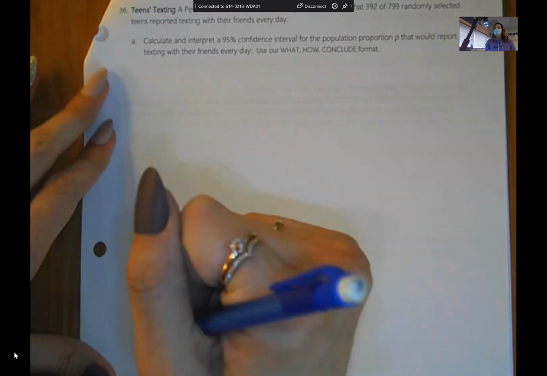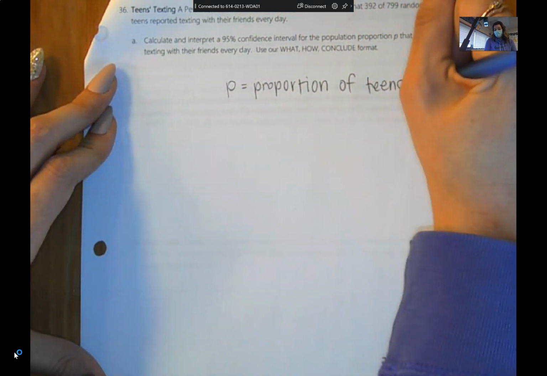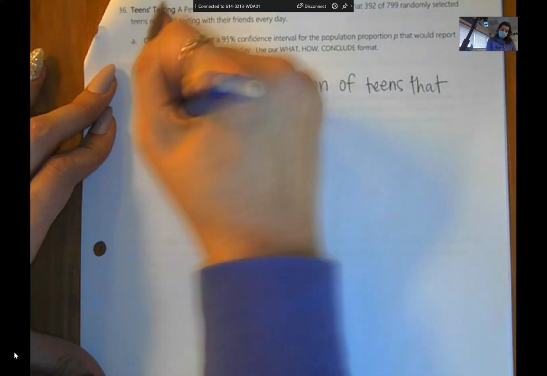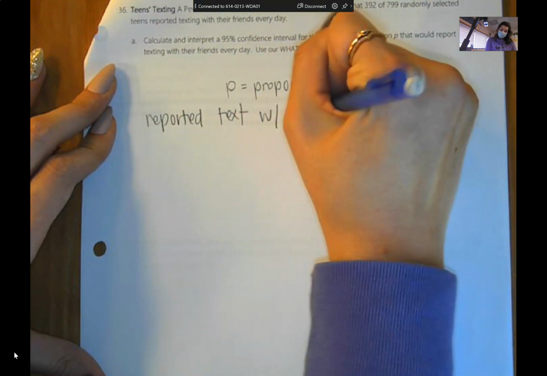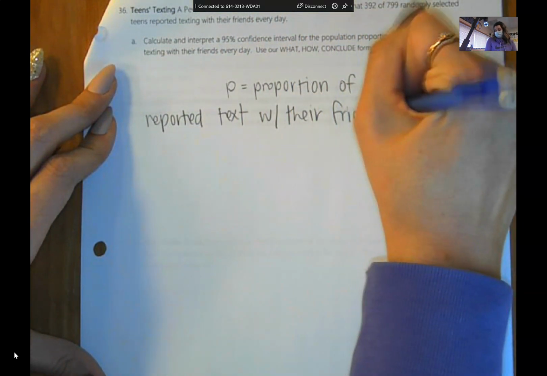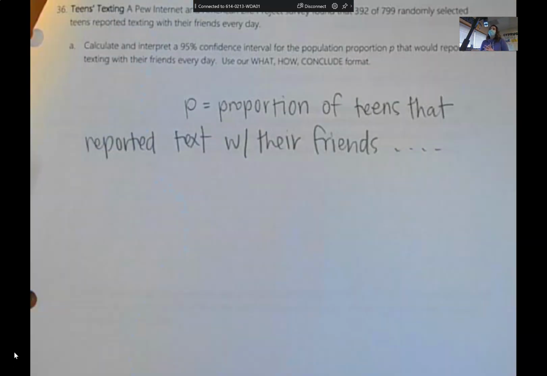Some of you were making the statement that we were looking for P, which is the proportion of teens that reported texting with their friends every day. This would get you 0 credit. I want you to think about, take like 30 seconds to think about what could be the problem with what we've written here.